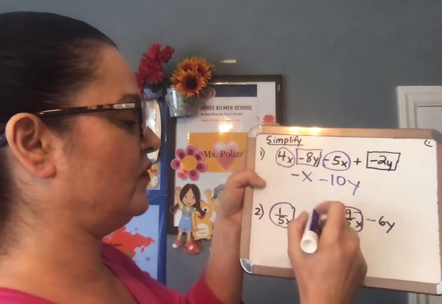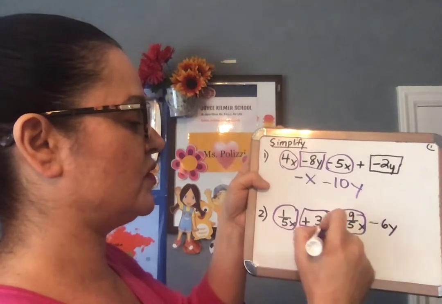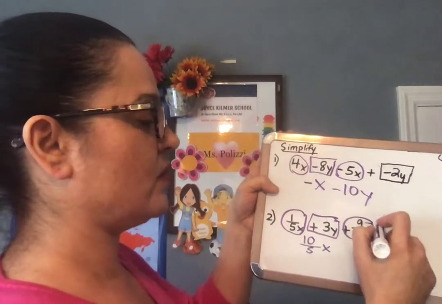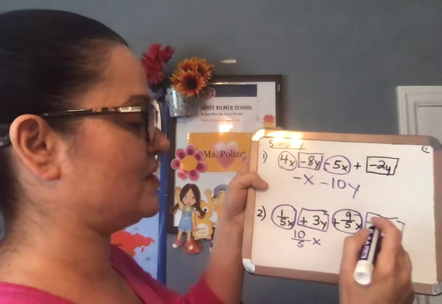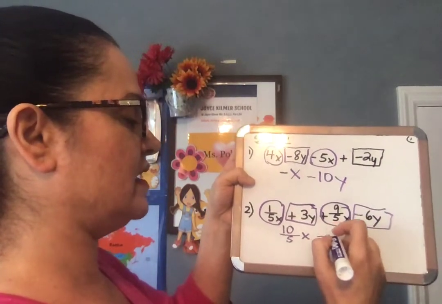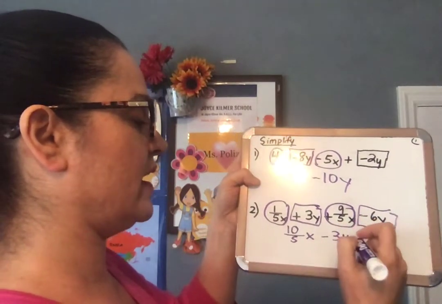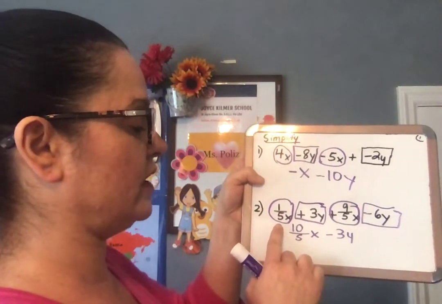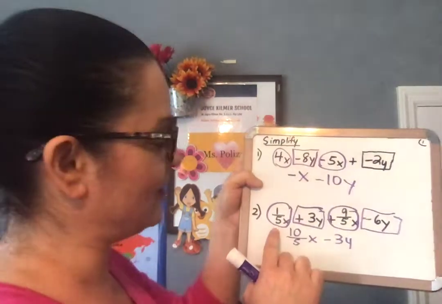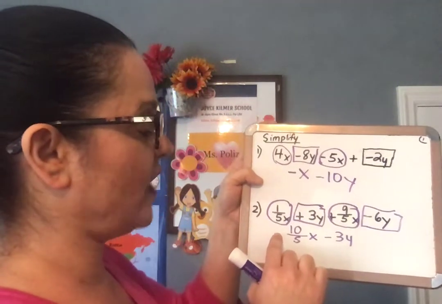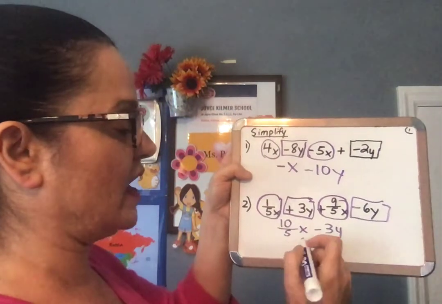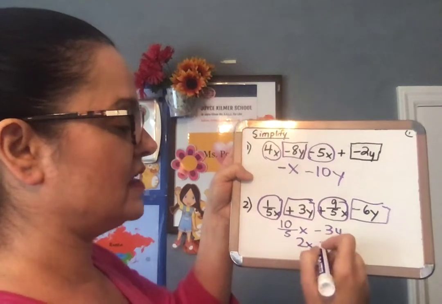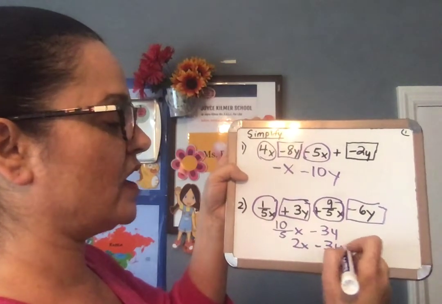Then we have plus 3y, take away 6y. Well, 3 take away 6 is negative 3y. So we could simplify this further because when our numerator is greater than our denominator, we can go ahead and divide. So 10 divided by 5 is 2x, take away 3y.